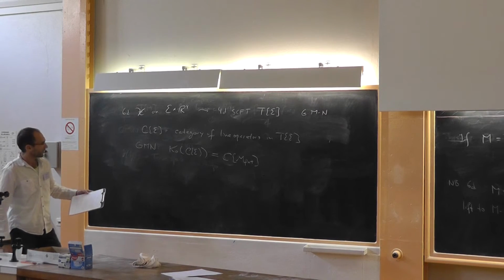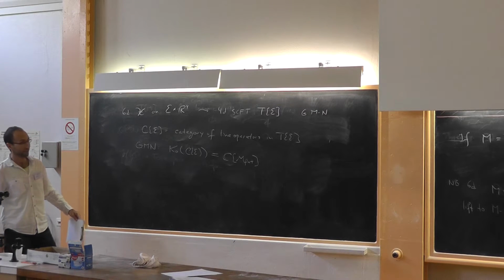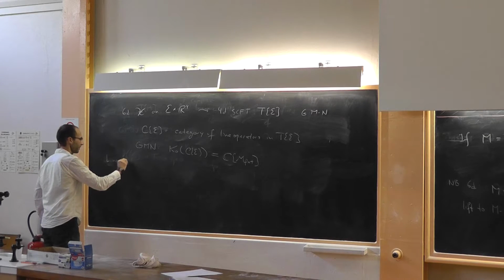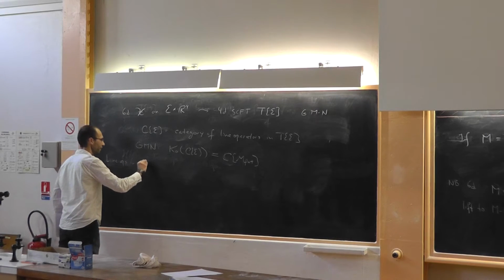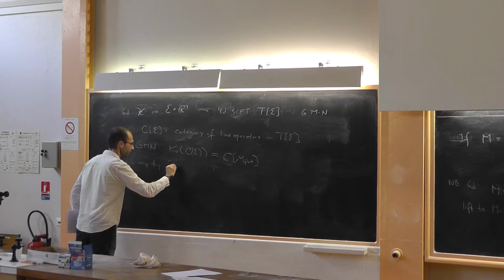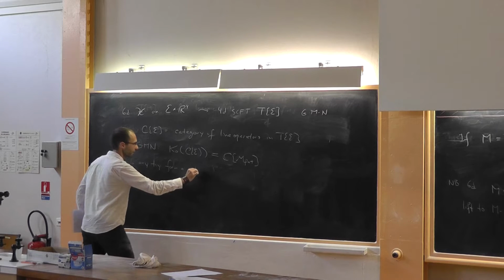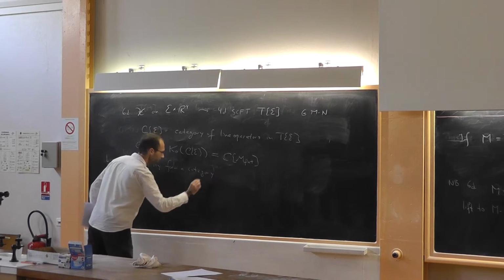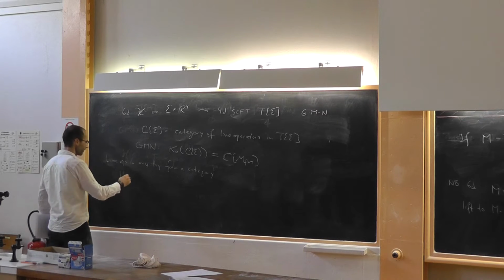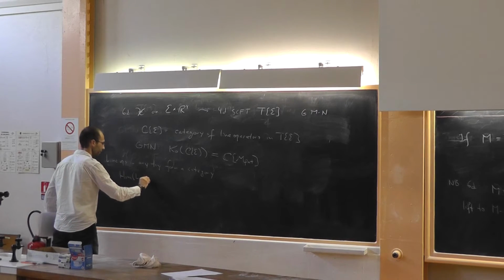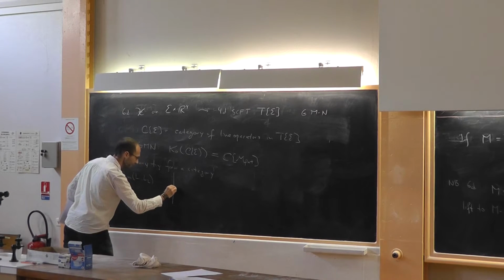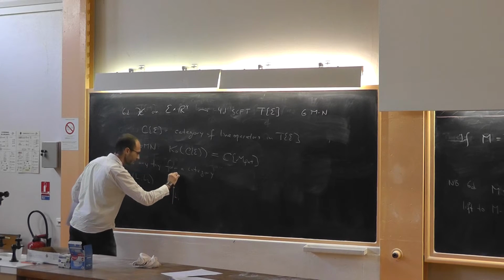Okay, so I should say, why do line operators form a category in the first place? So line operators in any theory with a suitable topological twist form a category. If I have two line operators, L1 and L2, I can place them end to end.